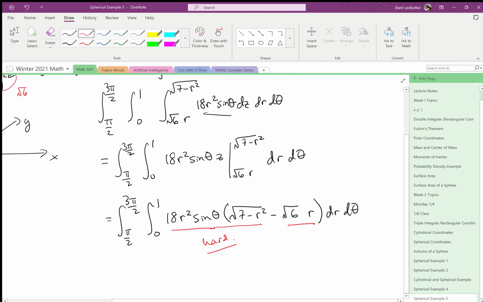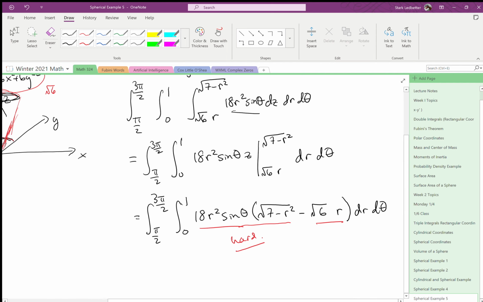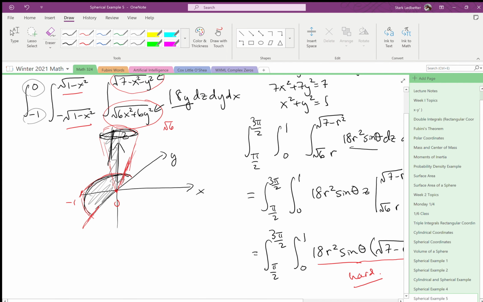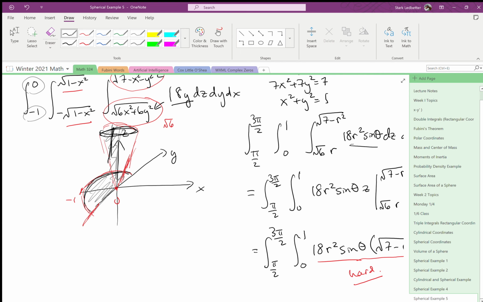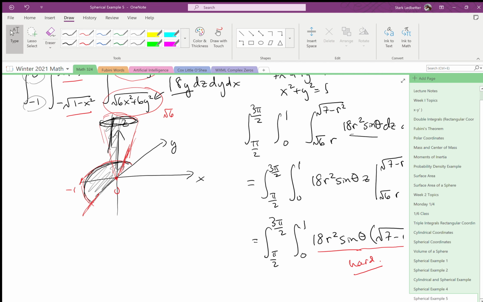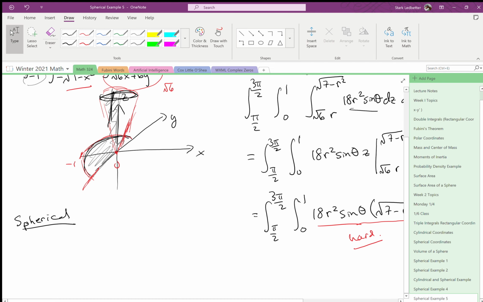So maybe we won't do cylindrical coordinates. Maybe we need to do spherical coordinates. Okay, turns out this is also a little bit hard. But finally it will be doable. Luckily we already have a picture, so we can just work off the picture. Now we're down here, we're going to be working in spherical coordinates. Okay, so let's see what's happening.